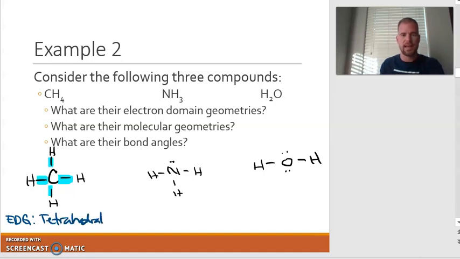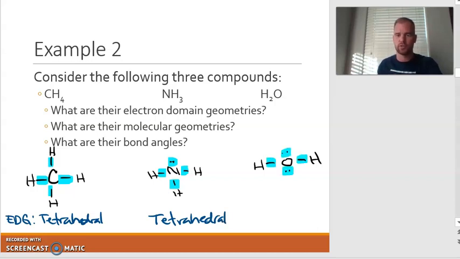What about NH3? How many electron domains are there? 1, 2, 3, 4. So ammonia, NH3, would also have an electron domain geometry of tetrahedral because there's 4 electron domains. And finally, water also has 4 electron domains. So the one thing that all 3 of these molecules have in common is they all have the same electron domain geometry because they all have 4 electron domains, tetrahedral.